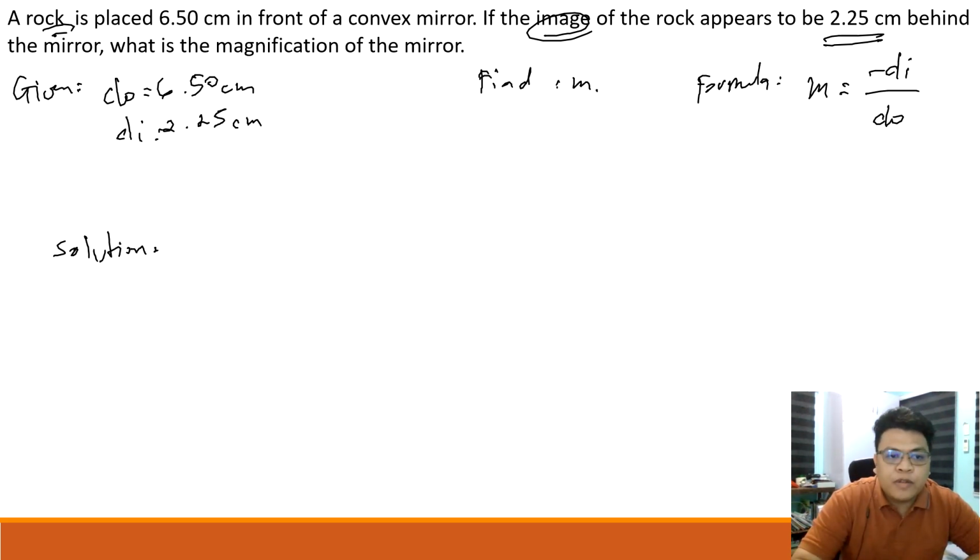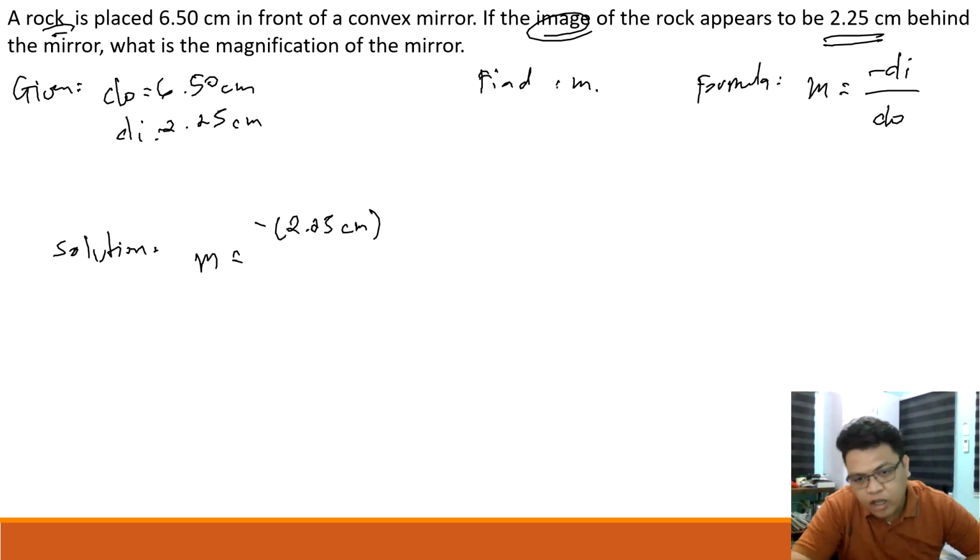We need to transpose the values. We have m is equal to negative, multiplied by our 2.25. Because again, as I said earlier, even if there is a negative in the formula, negative di, it doesn't mean that our value is automatically negative.